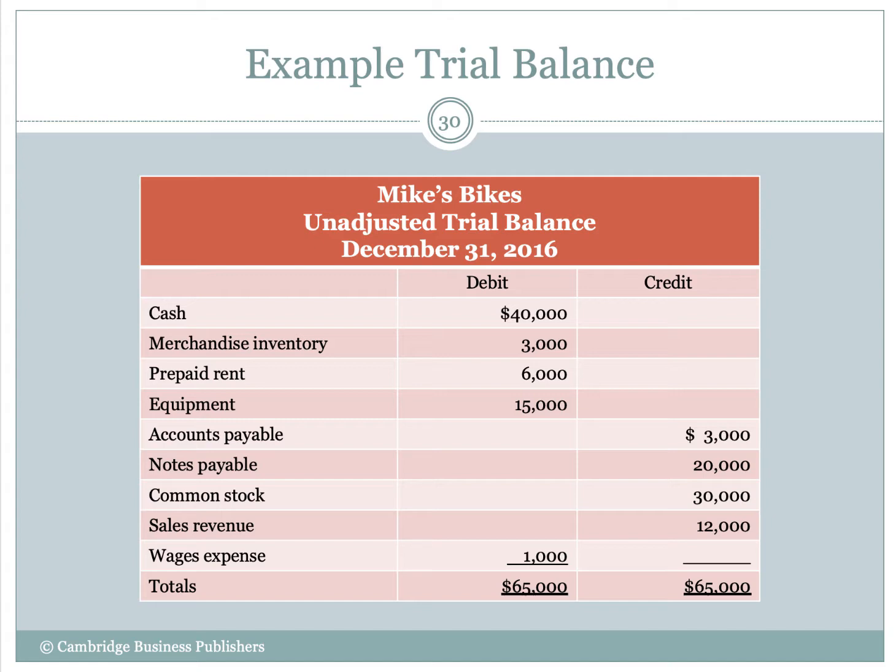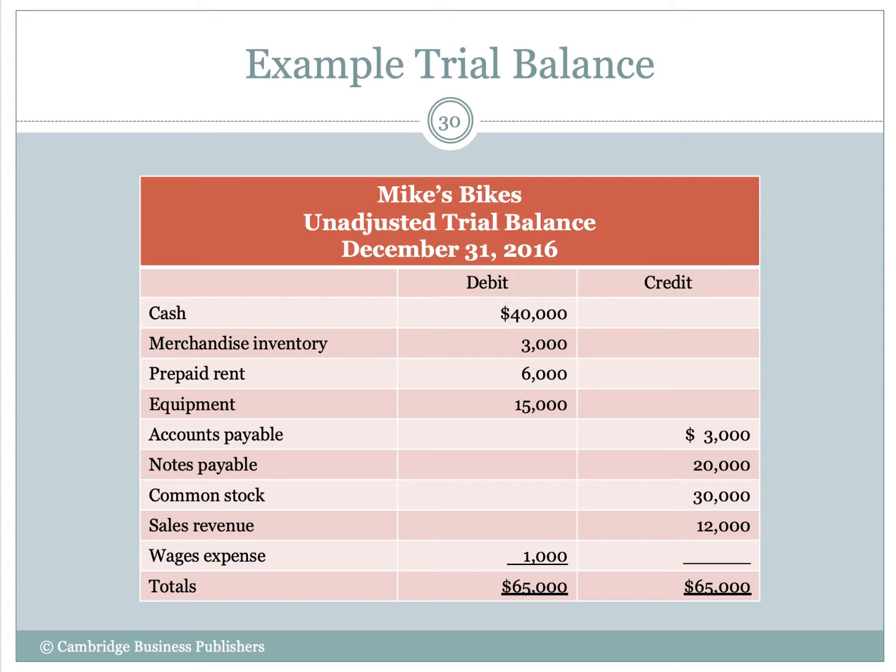And it gives us a time frame. A trial balance is like a snapshot, just like the balance sheet. Here are your account balances as of this specific date, so we put the date on there, December 31st, 2016. And then notice what it does. It lists all our accounts, starting with all our assets, then our liabilities, then the stockholders' equity accounts. We plug in the balances.